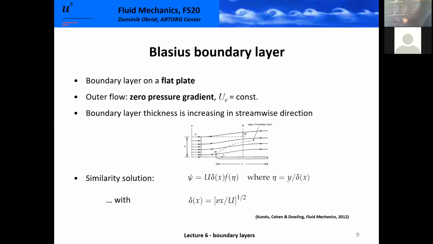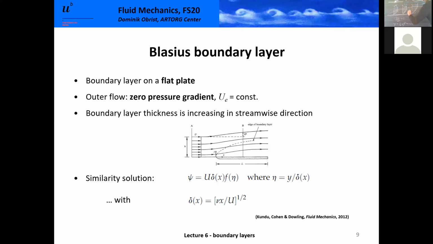So if we see how quickly it goes from 0 to U here, maybe it takes that thickness, and here it's a bit larger, and here it's even larger again.